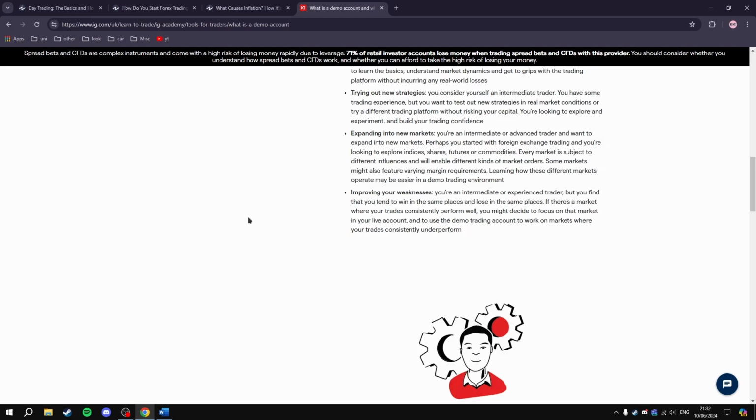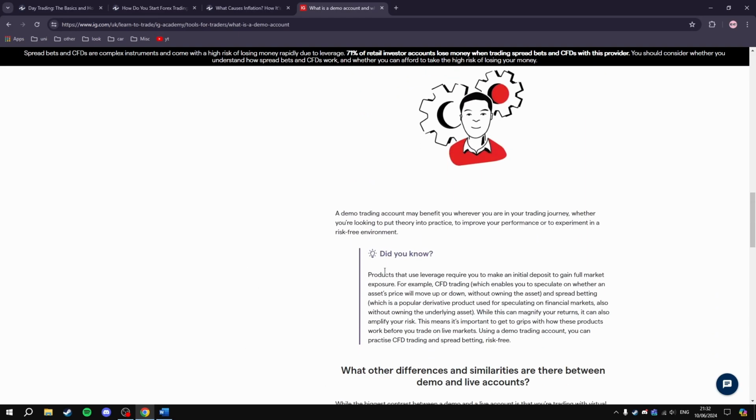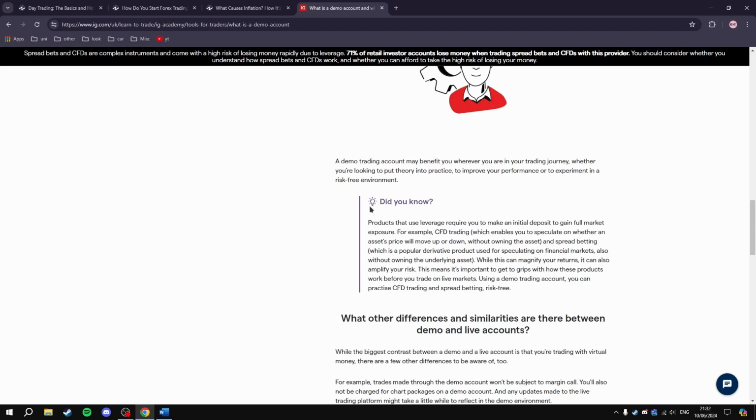You could see where you keep losing out, and if there's a market where your trades consistently perform well, you might decide to focus on that market in your live account, and then use the demo account to work on markets where your trades consistently underperform. A demo account benefits you wherever you are on your trading journey.